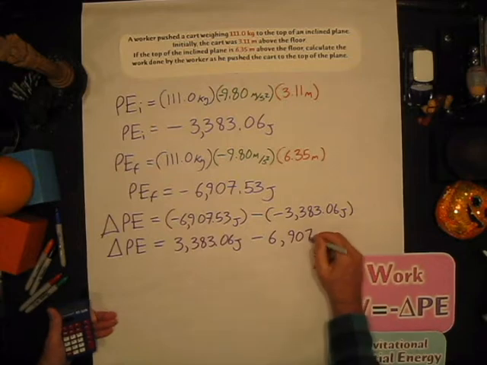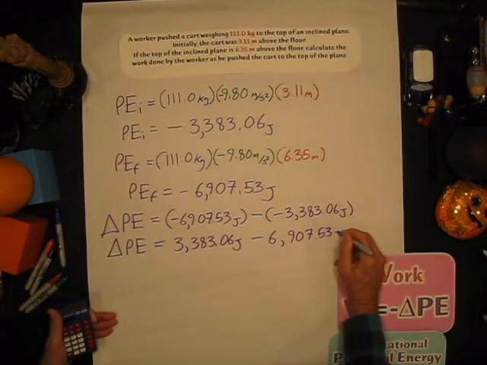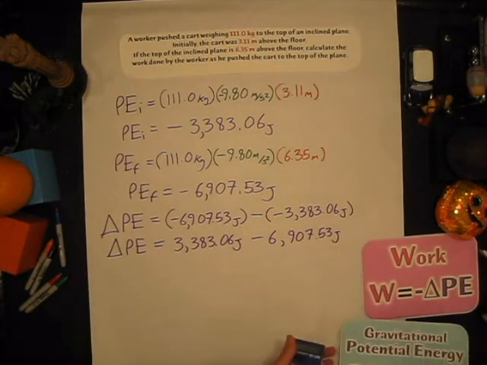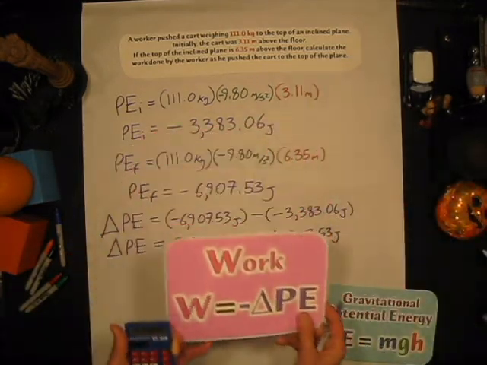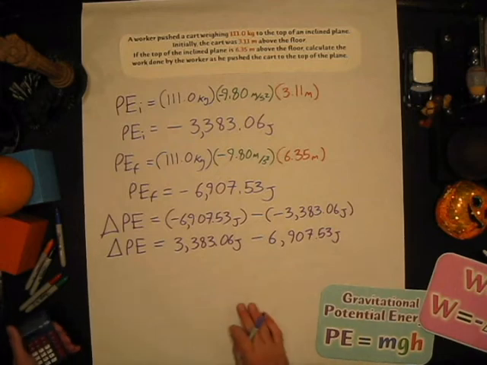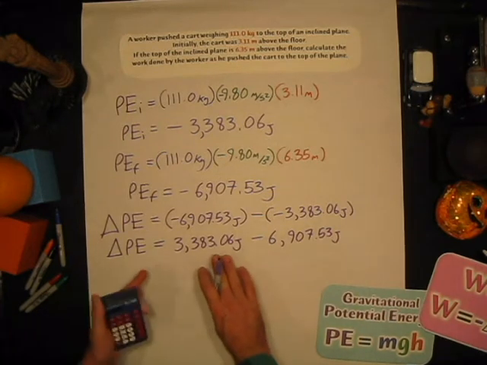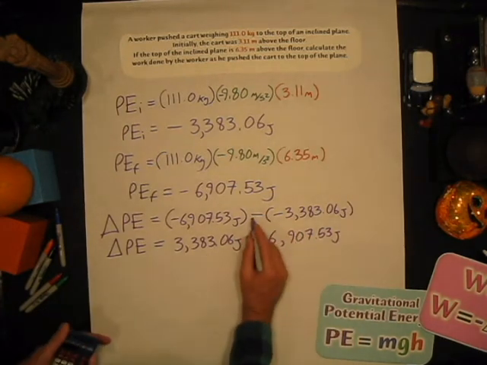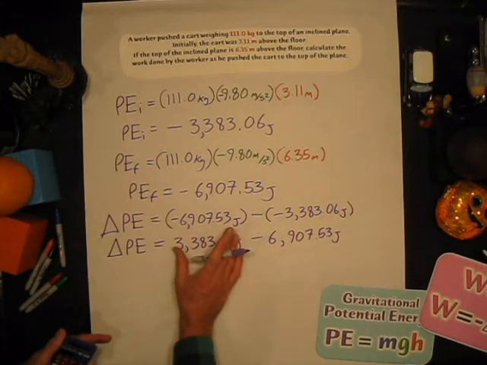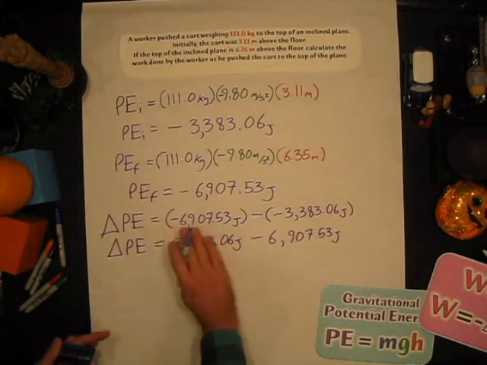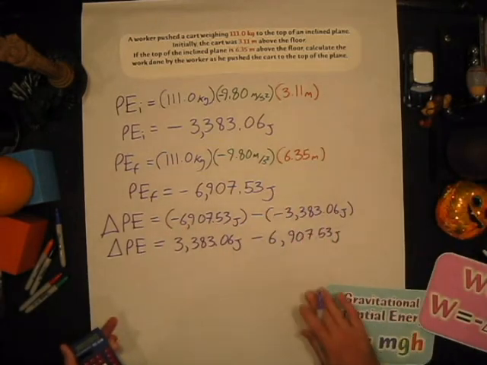So see what I mean about saying one way to fix this problem of having it negative is to do initial minus final. It's sort of like what we're doing here. But actually, all I did was minus a negative makes it a positive. So it's a lot easier to just have a positive minus something than a negative minus a negative. It just gets confusing, right?